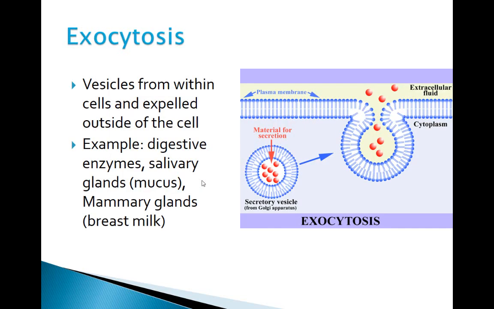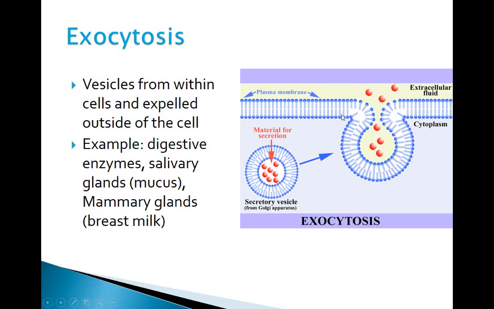And now the last thing is exocytosis. This is taking something in the cell and removing it via exocytosis. So here you can see the secretory vesicle with substances in it. It latches onto your plasma membrane and allows that substance to release out.